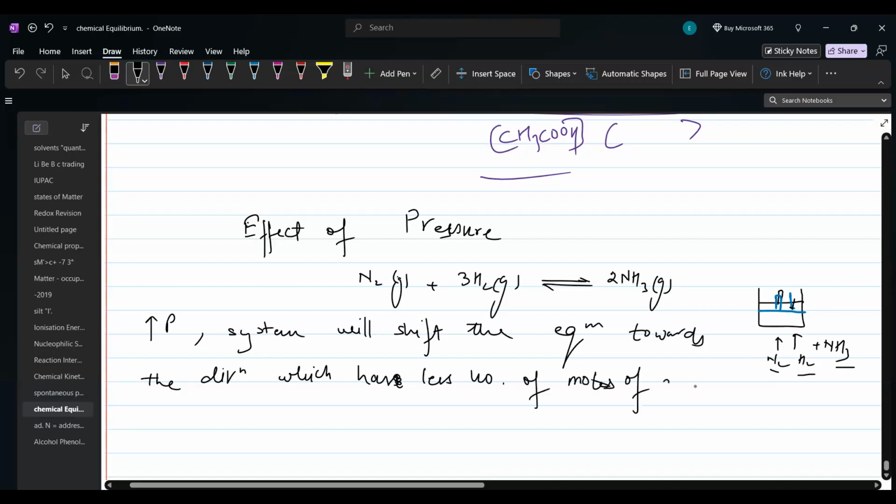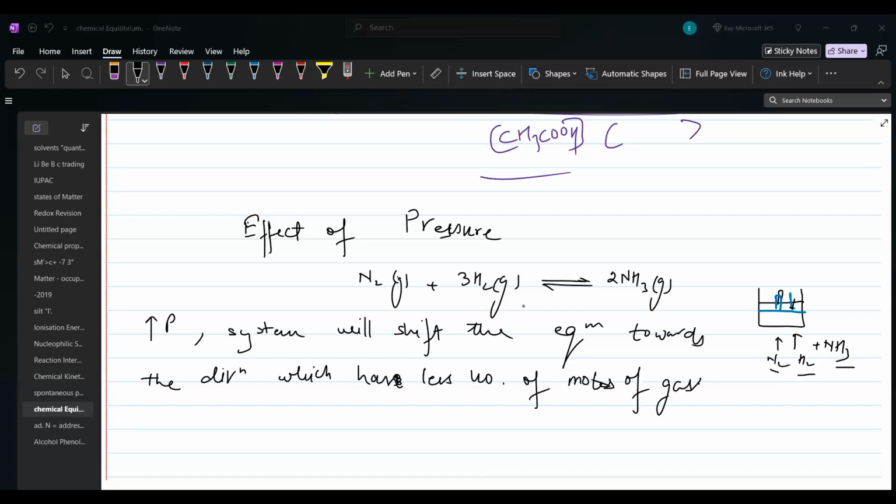See, if you can understand, please see. We are increasing the pressure. So system pressure has been increased. It wants to once again come into equilibrium. That is why the direction of the equilibrium will shift in such a way where lesser number of moles of gases is forming.